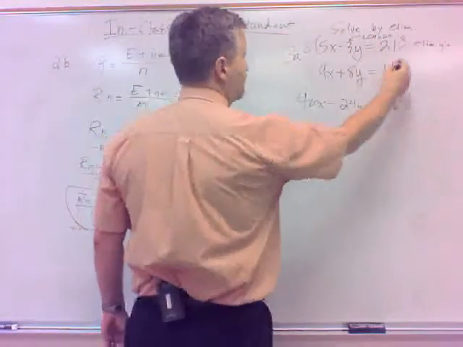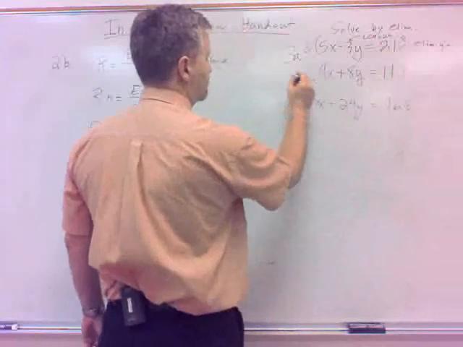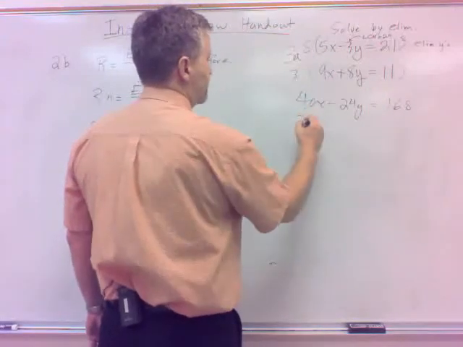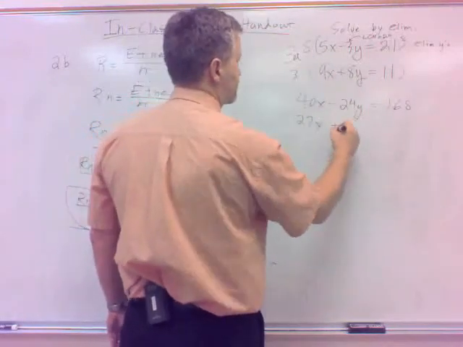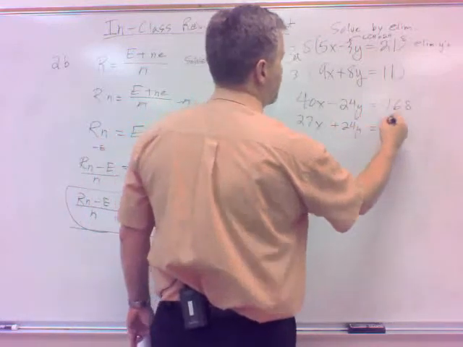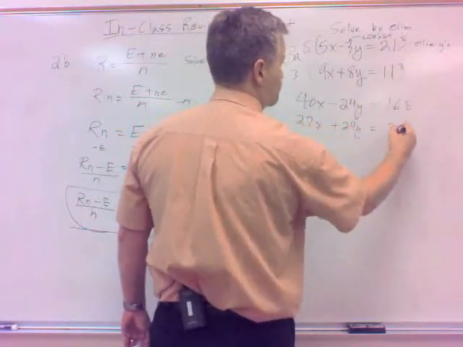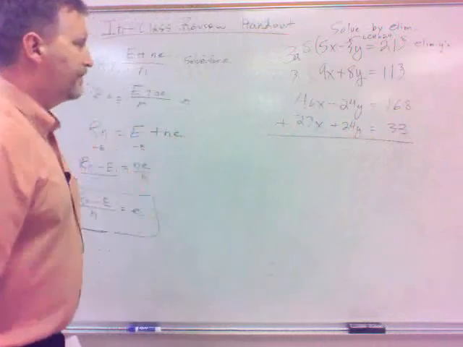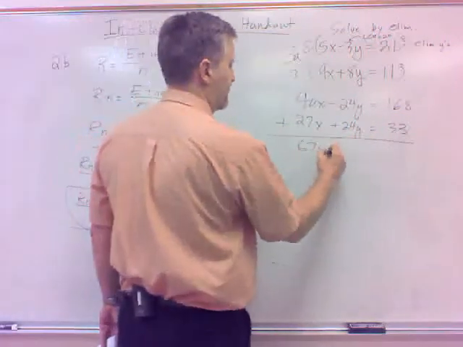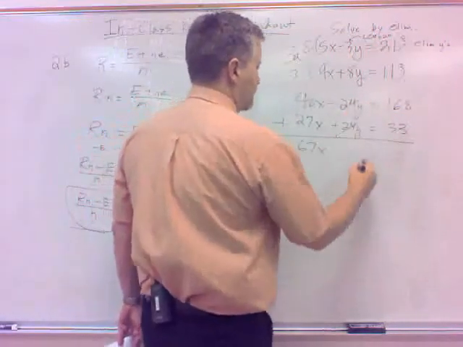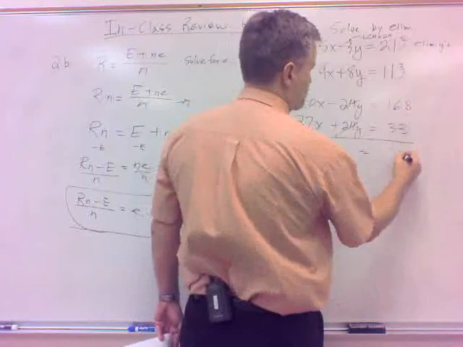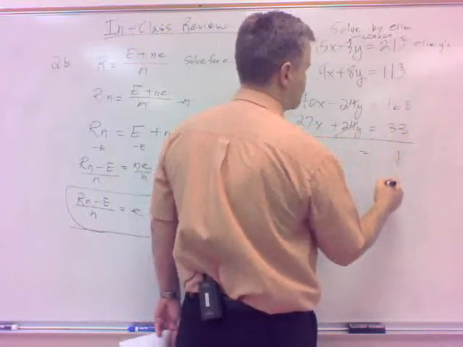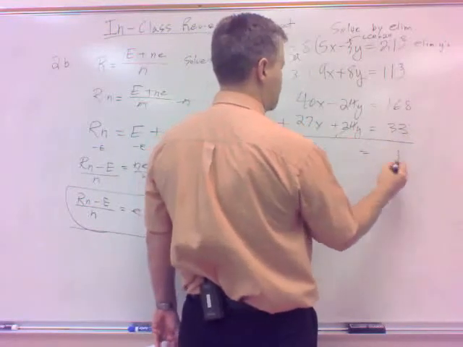Then on the bottom, need to make that 24, so that's multiplied by 3. So that's 27x plus 24y equals 33. Add them up, that's 67x. The y's cancel, equals 201.